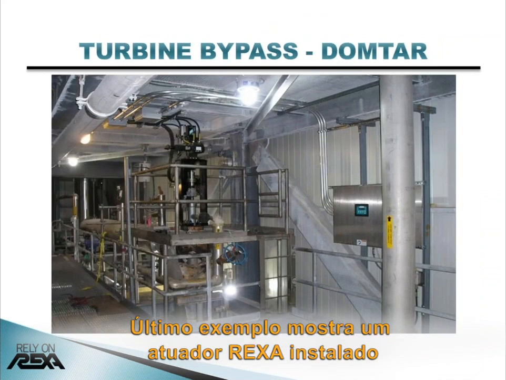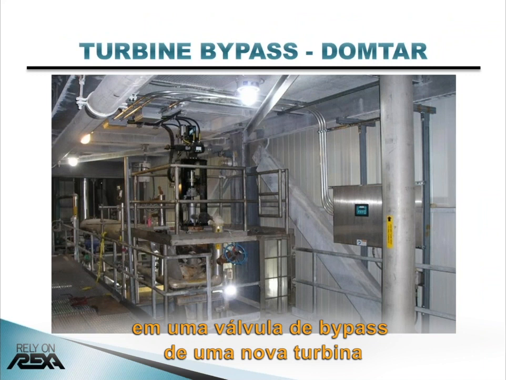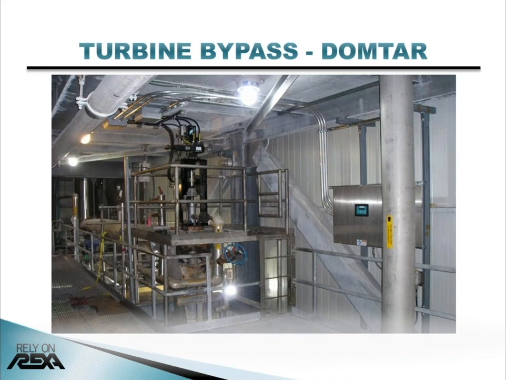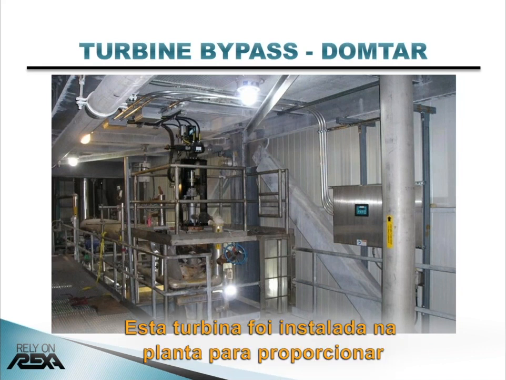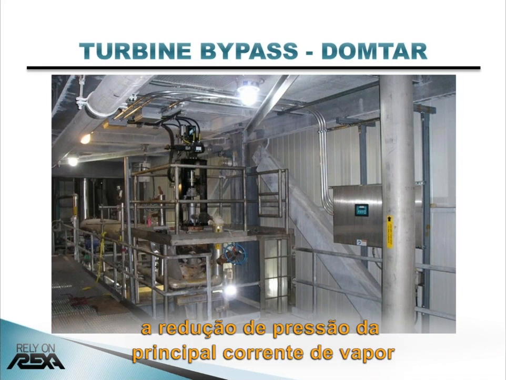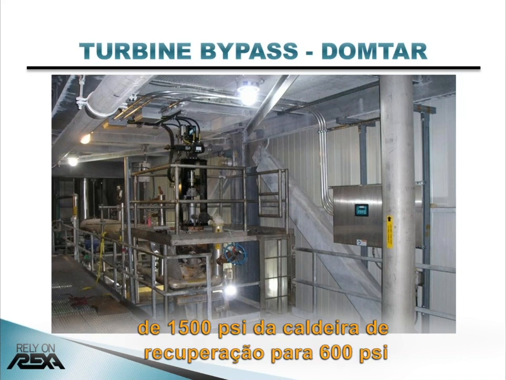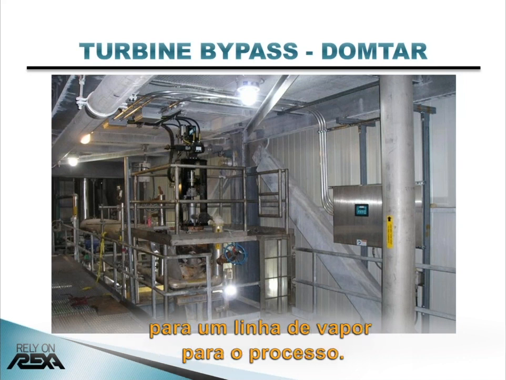This last example shows a REXA actuator installed on a turbine bypass valve for a new topping turbine at a pulp mill in Canada. This turbine was installed at the plant to handle the main steam pressure reduction from a 1,500-pound recovery boiler to a 600-pound process steam line.